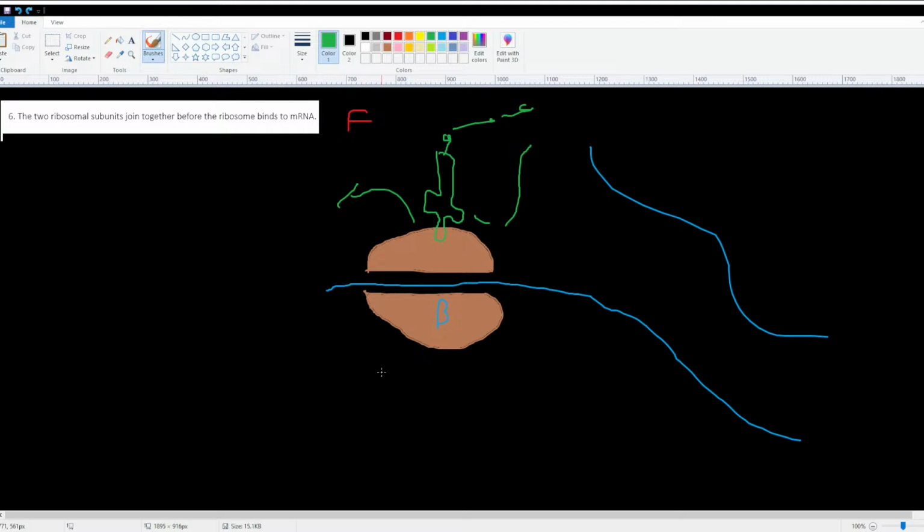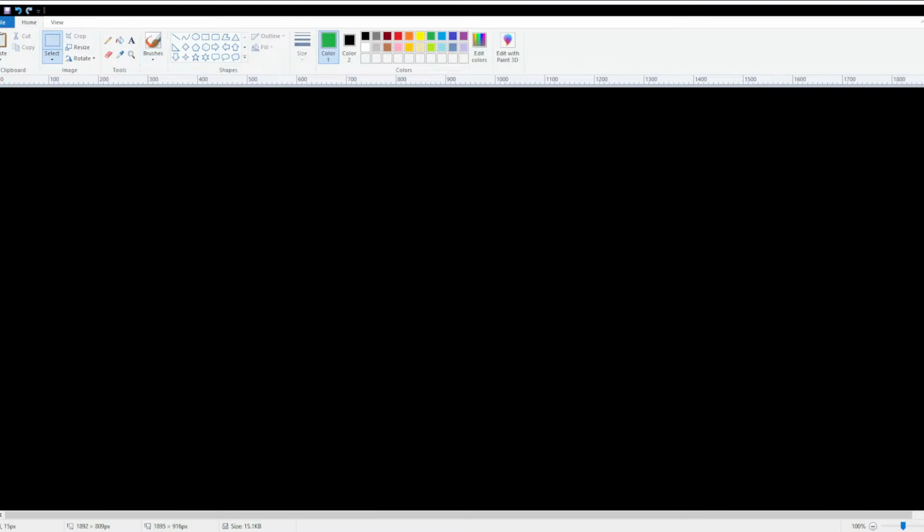So what I'm trying to get at is we have the bottom portion first, the mRNA comes in, and then the top portion second, or the top portion last, I guess. So it's not like the ribosome is joined together before the RNA binds. We have the RNA binding before the ribosome joins together. So that's what's going on there. The answer is false for that one.